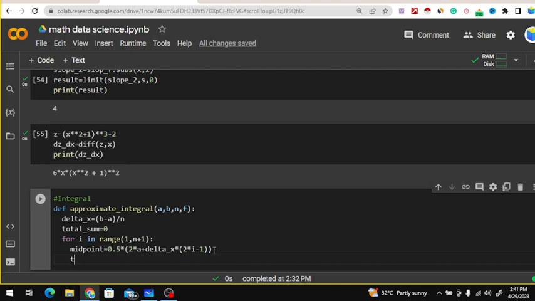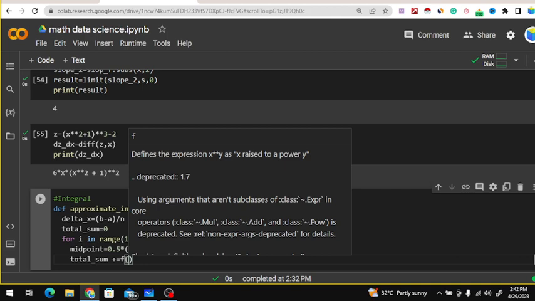Total sum should be total sum plus f, as a function, of midpoint.